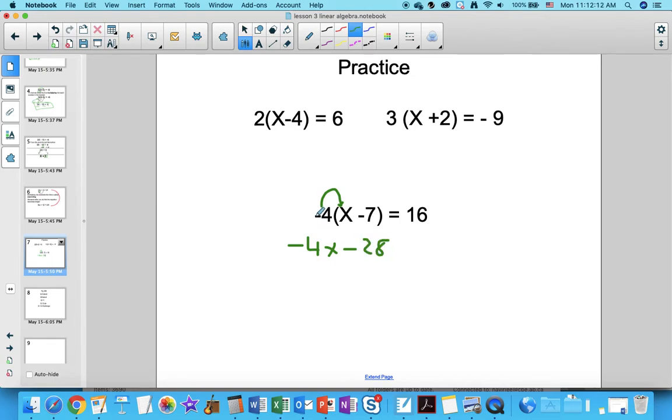But it's negative, right? So I have to fix that. That would be a common mistake people would make, right? Because it's negative 4 times 7, which would be minus 28 equals 16. Negative 4 times x is negative 4x. Negative 4 times 7 is negative 28.